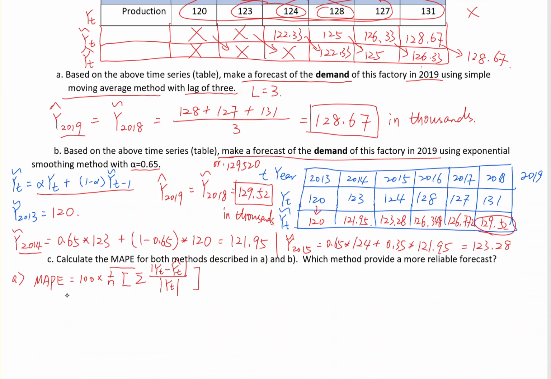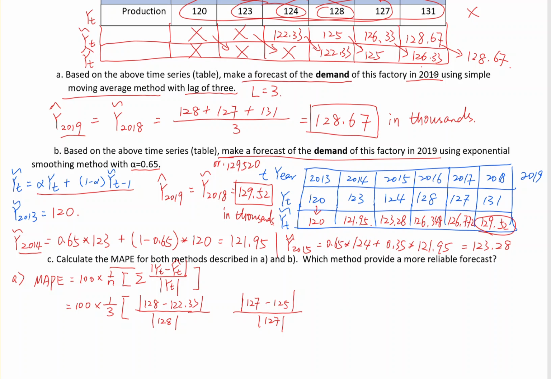So then MAPE equals 100 times the sum over the 3 pairs of yt and yt hat. For each pair, the first one is the absolute value of 128 minus 122.33, divided by 128. Next pair is the absolute value of 127 minus 125 divided by 127.